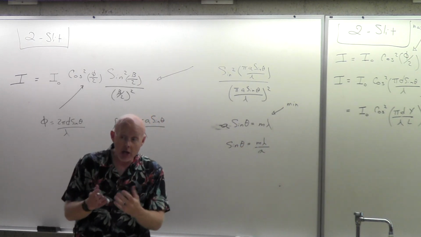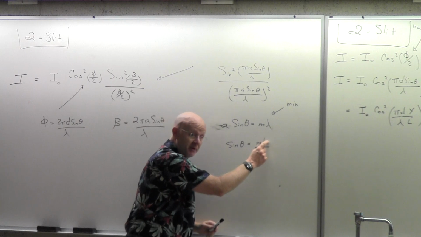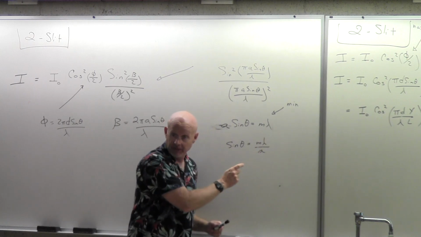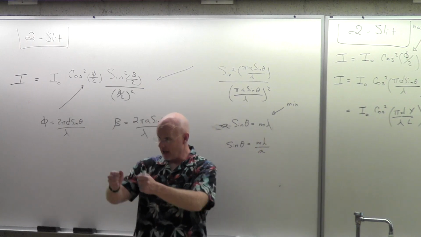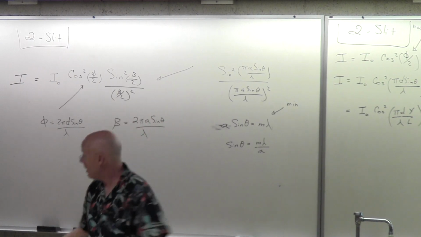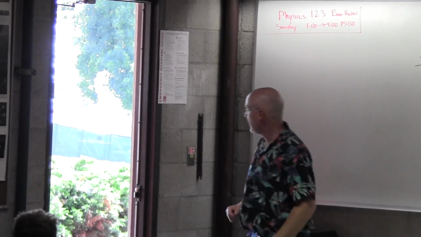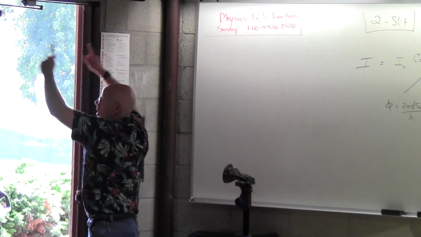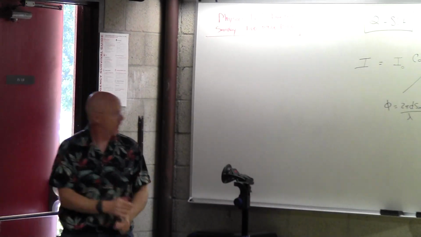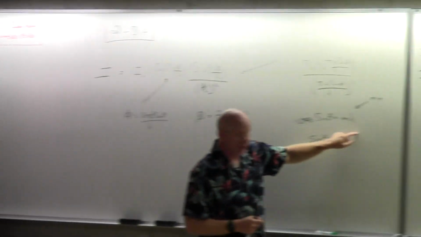Now, I pick on radio waves because radio waves are much bigger than light waves. And so if I just had a metal screen or a metal grid, or if I just opened this door here and let the light come in, this hole is so big compared to the wavelength.